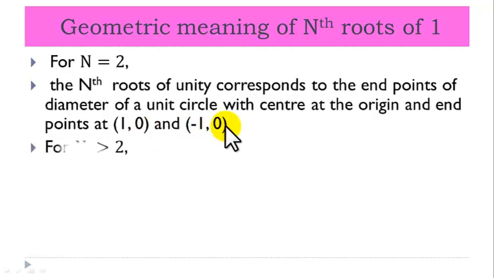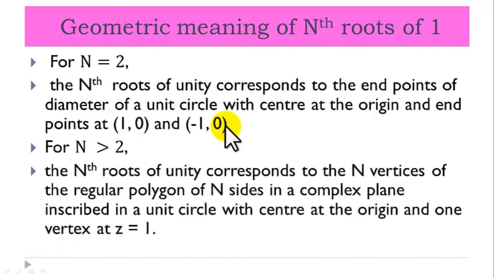For n greater than 2, the nth roots of unity correspond to the n vertices of the regular polygon of n sides in a complex plane inscribed in a unit circle with center at the origin and one vertex at the point z equal to 1. Now let us look at each of them geometrically.